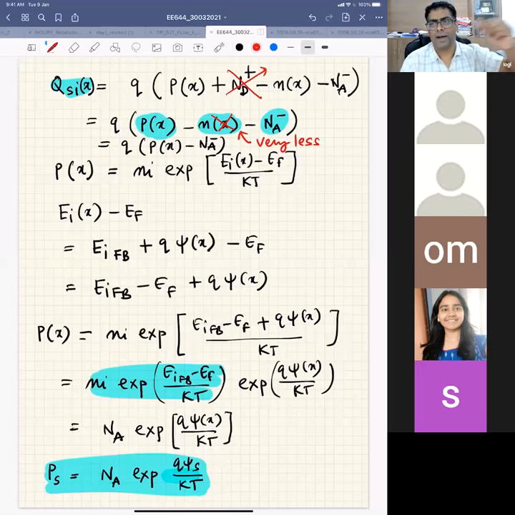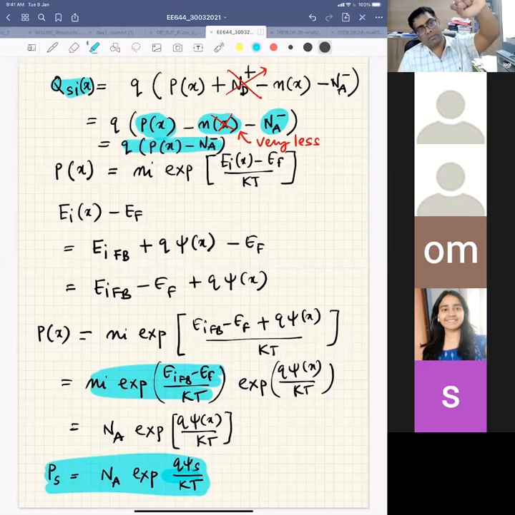So your charge will always be q times (px minus Na). Since your number of holes at the surface is increasing exponentially, your total silicon charge is nothing but your hole charge.